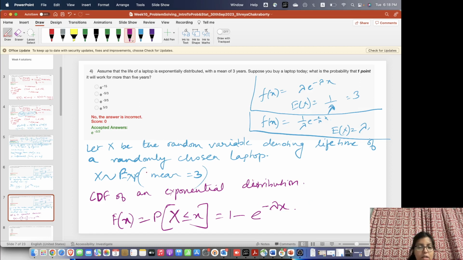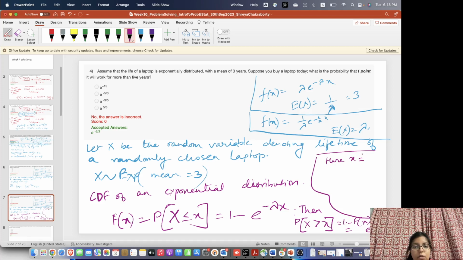Then probability capital X greater than x is 1 minus F(x), which is equal to e to the power minus lambda x. So accordingly here, it should work for more than 5 years, so we have probability X greater than 5 equal to e to the power minus 5 by 3.